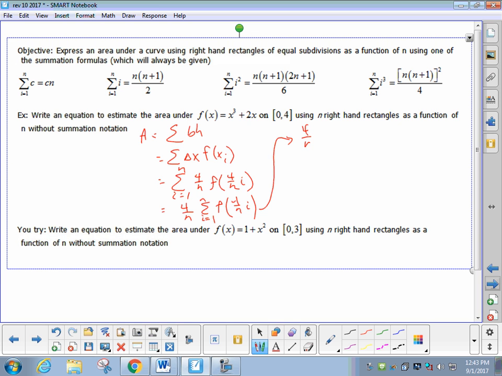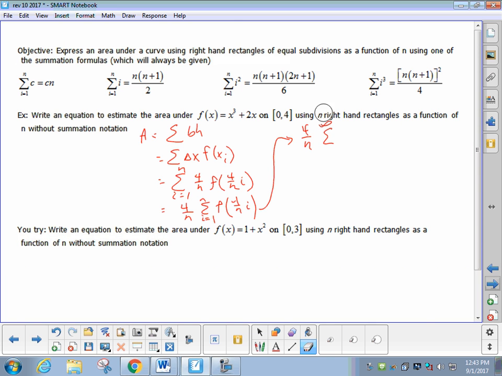Now, the function in this case is x cubed plus 2x. That means I'm going to put (4i/n) cubed plus 2 times 4 over n times i each time.